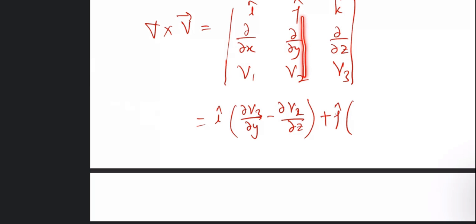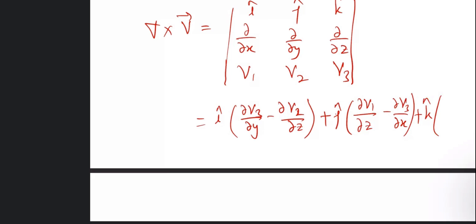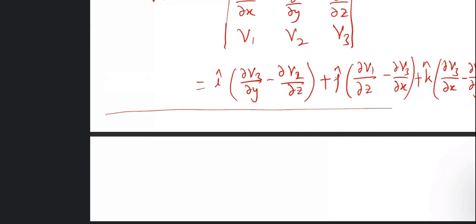In the second term we consider the derivative of this one first, then minus this one. And similarly for the third one, just like the first one, that is the derivative of V2 with respect to x minus the derivative of V1 with respect to y, plus k. This is the cross product of two vectors, just simplified.